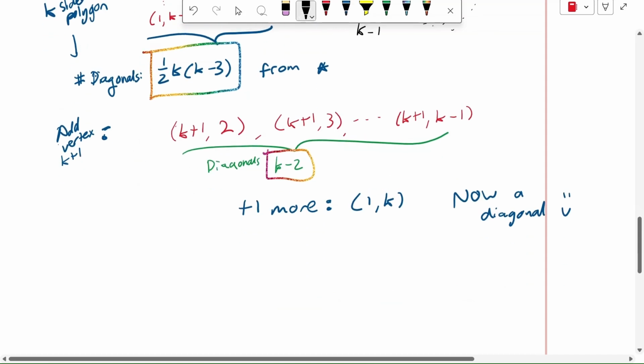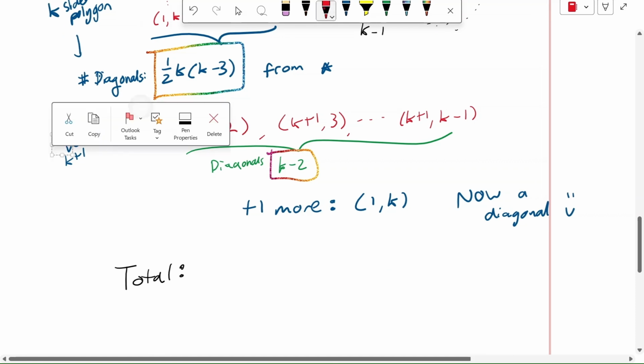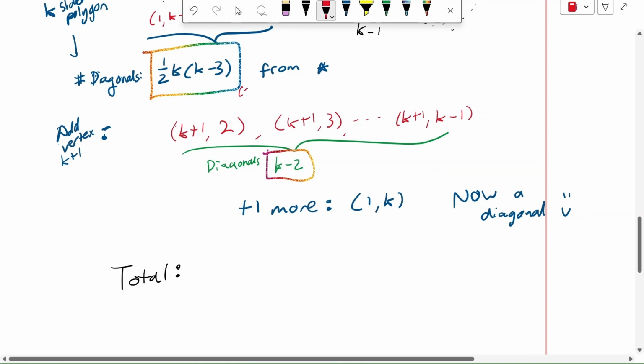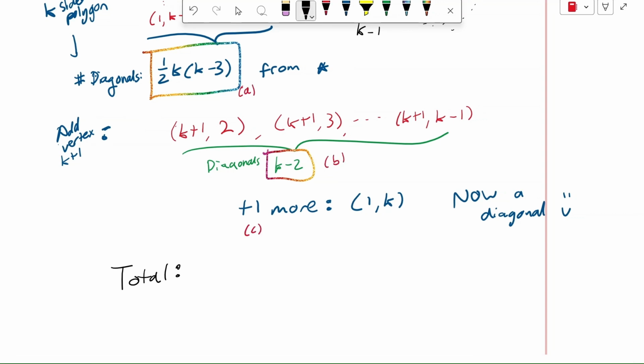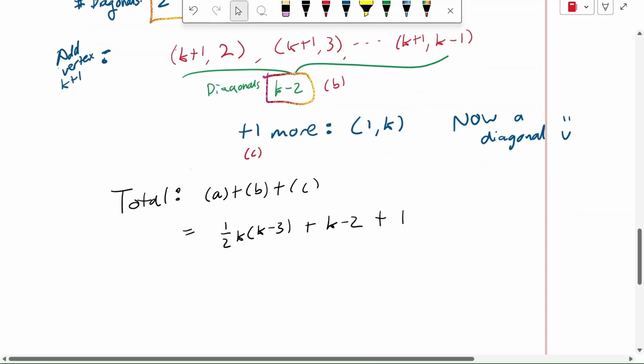So let's look at our total here. I might just give this a few labels. Let's call it A, B, and C, just so we can collect all of our bits. So that would be half k(k-3), plus k-2, and then this would just be the extra 1.